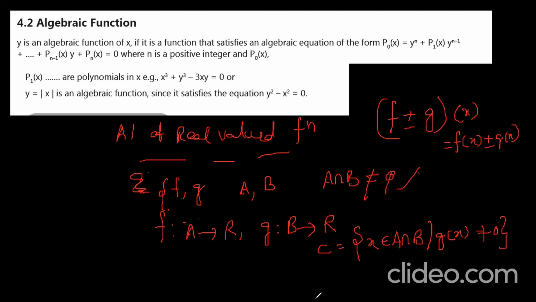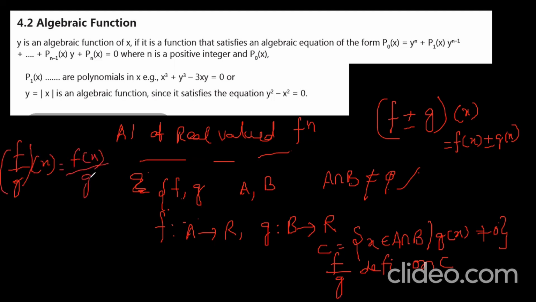Then f by g is defined on C, and f by g of x is equal to f of x by g of x. For all x belongs to C. But here one important point: if g of x is equal to 0, then this cannot be defined. Got it?